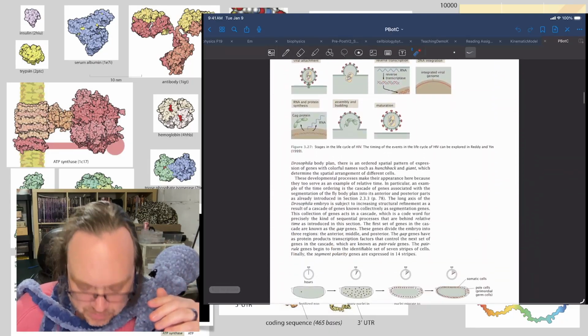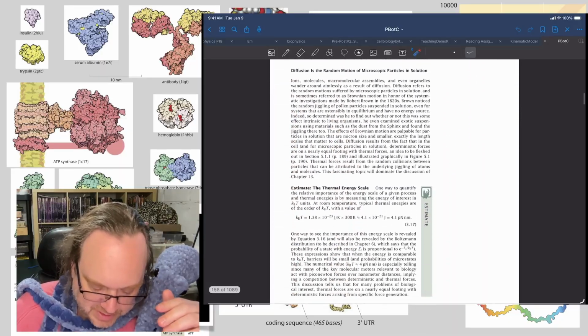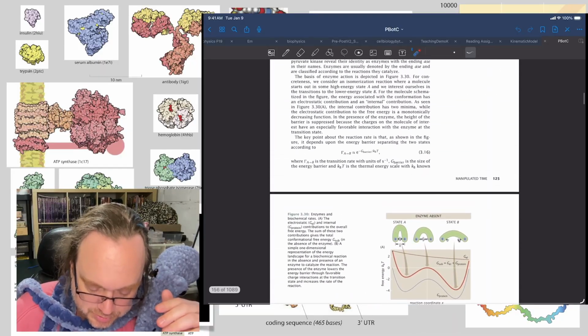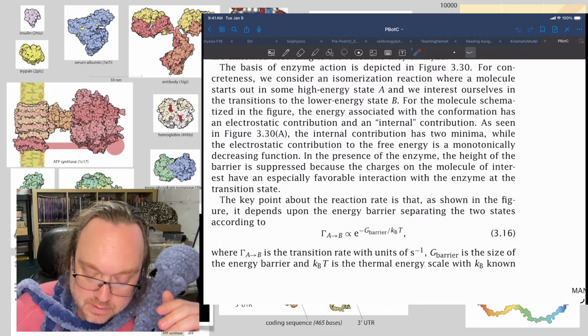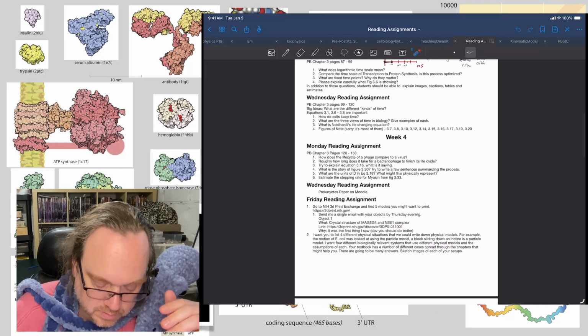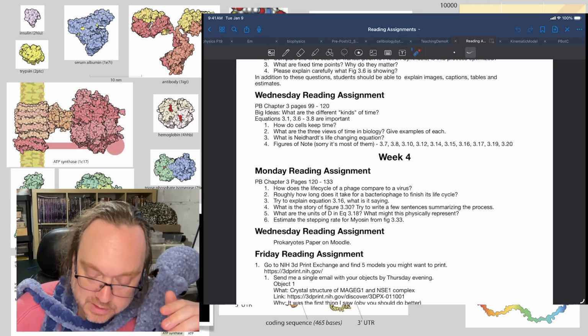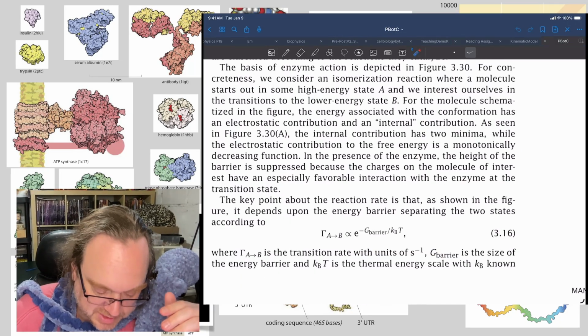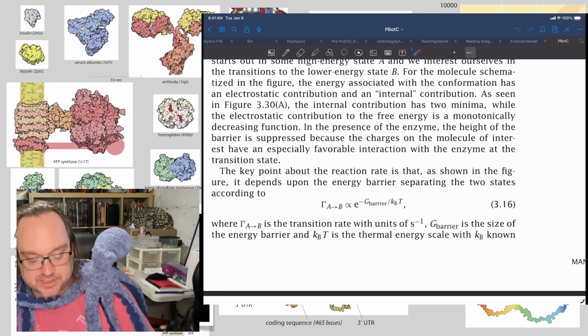So, okay. So let's see. I'm after equation 3.16. Okay. Explain 3.16 and what it's trying to say. All right. So this is talking about reaction rates.